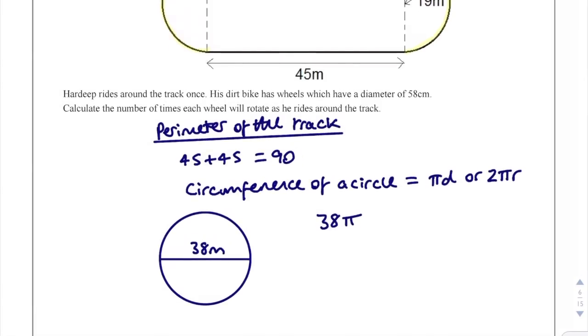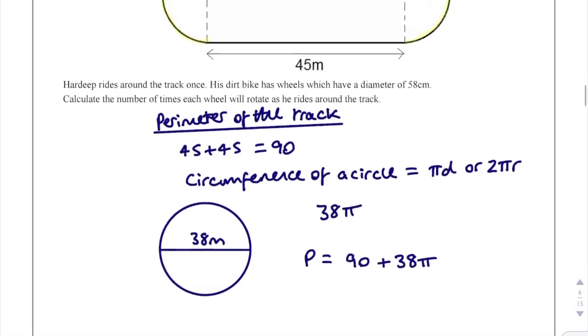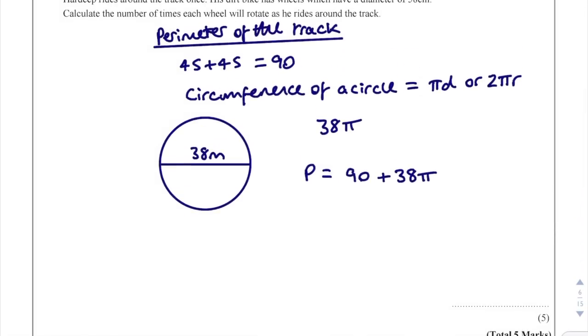So the total perimeter, if I call that P for perimeter, is going to be 90 plus 38 pi. Okay. Now we need to think about the circumference of the dirt bike wheels.